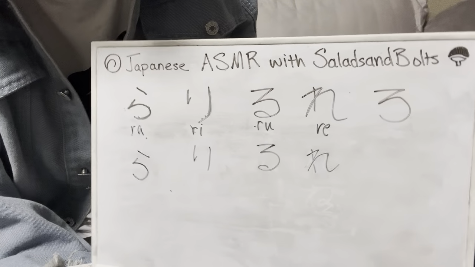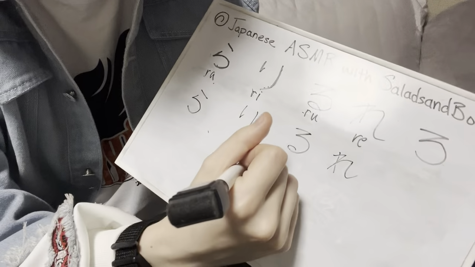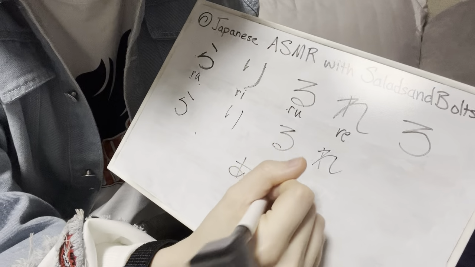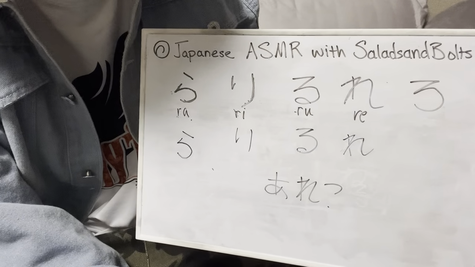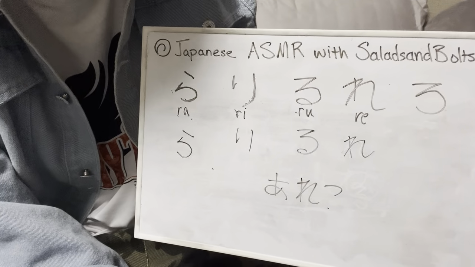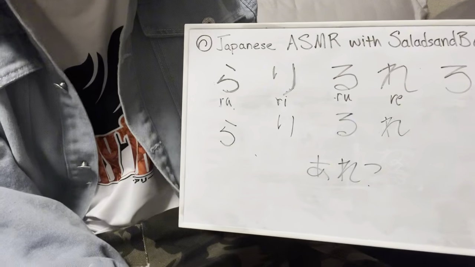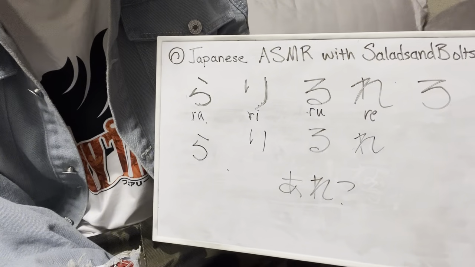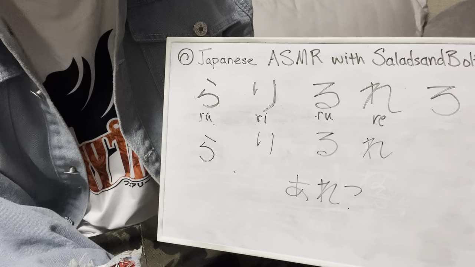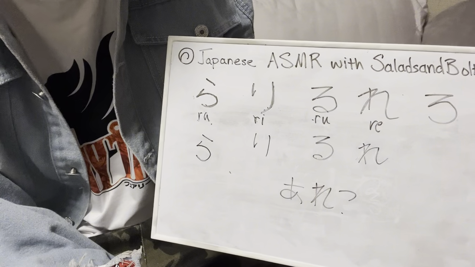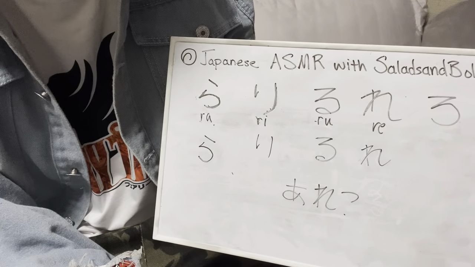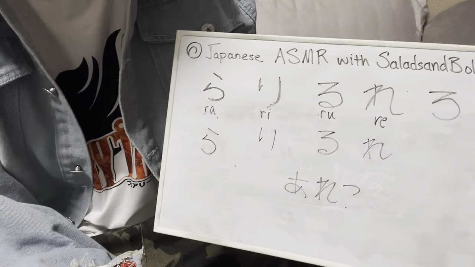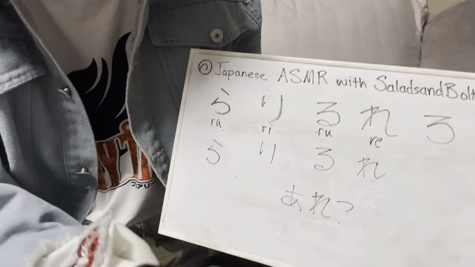You can remember re with are. You probably have heard me say this quite a lot. I often use it in videos when I can't think of a word to say, or when I make a mistake, or when I think something is something else. I'll say are. It's kind of like a confused noise.